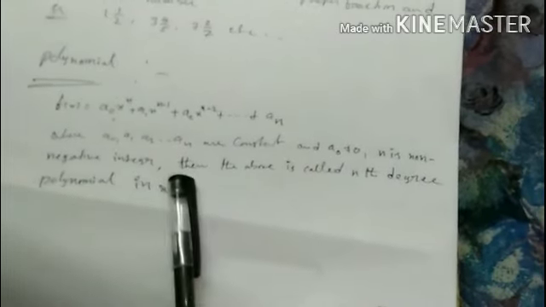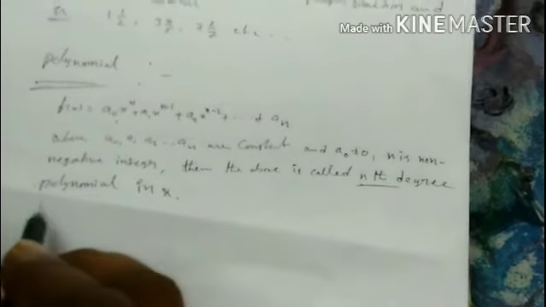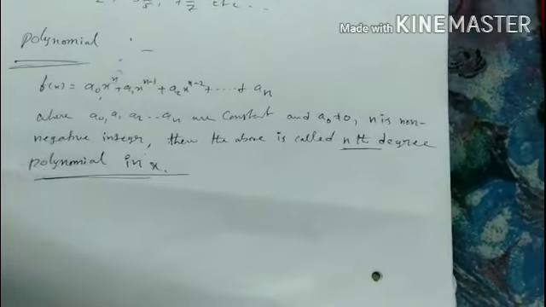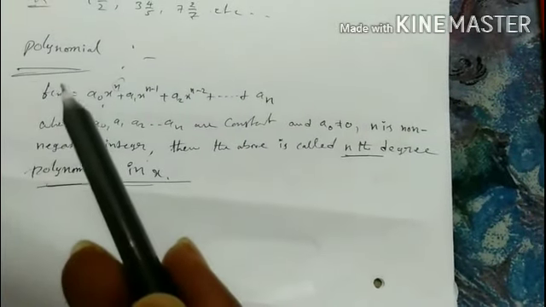Here a naught, a1, and so on are called constants, mainly a naught is not equal to 0 and n is a non-negative integer. Then the above is called an nth degree polynomial in x, because n is the highest power in this polynomial.